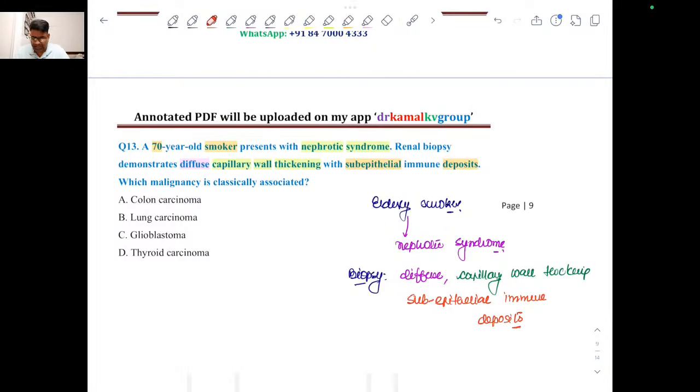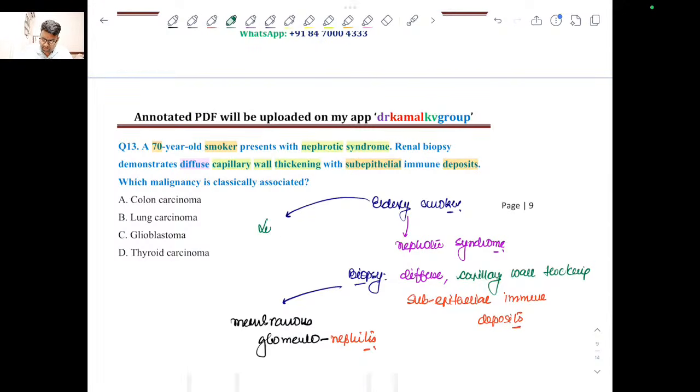Very good, very good. Yes, this is a classical picture of membranous glomerulonephritis. At times it can be a complication, or you can say a paraneoplastic syndrome, which can be seen in lung carcinoma, right.